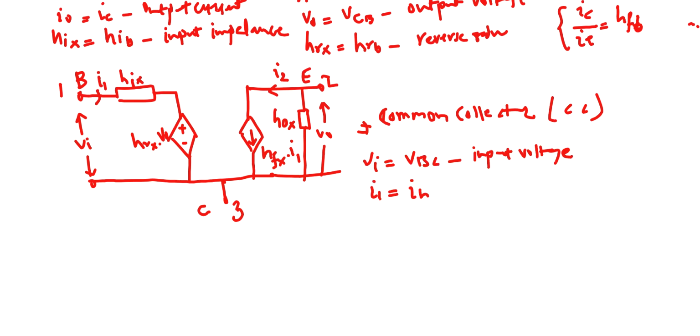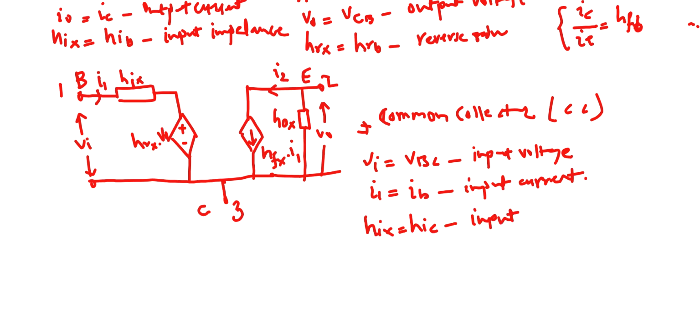Right, this is your input current. Then your HIX is HIC. X is replaced by your C. Letter C indicates a common collector. So this is your input impedance.